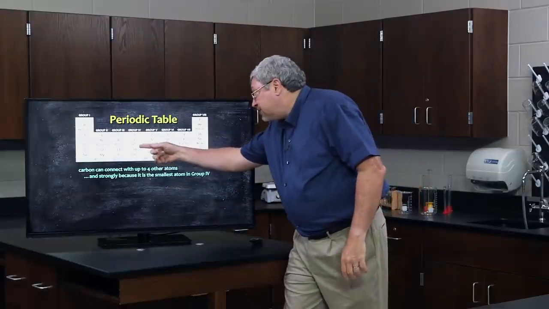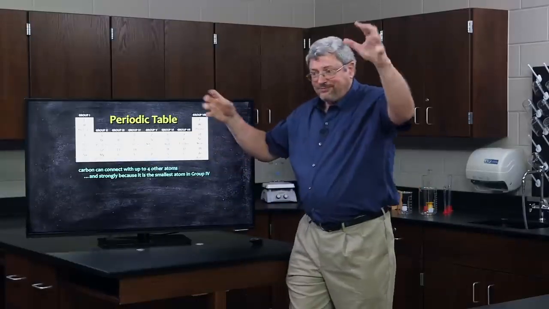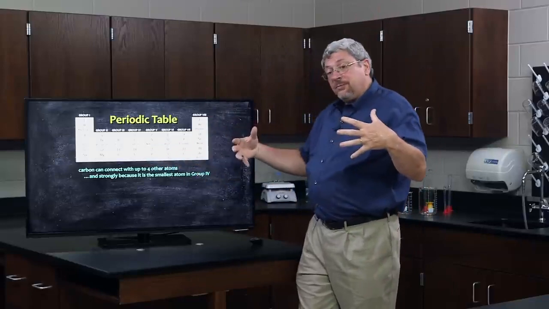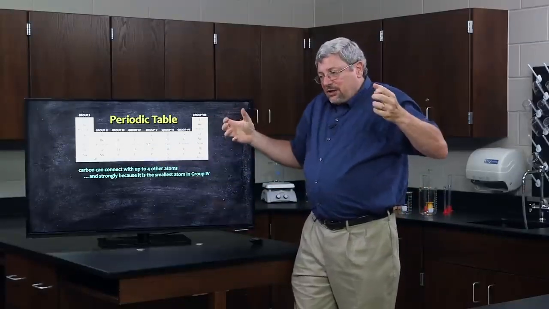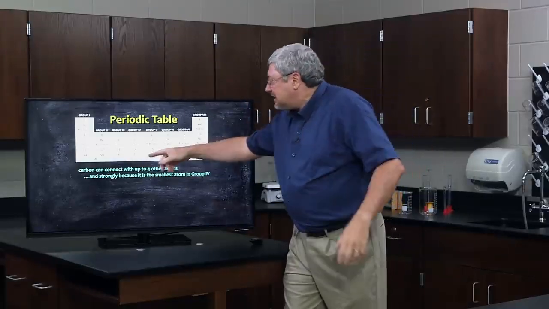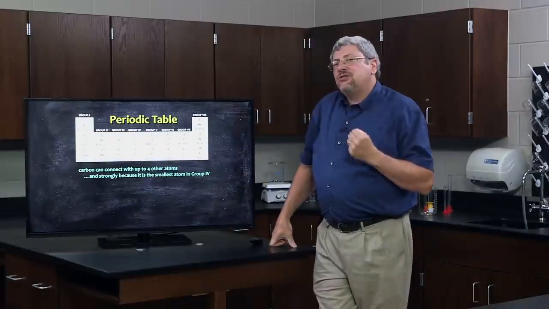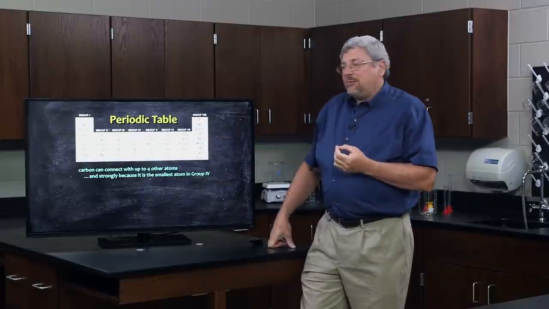Now, they could be built from something like silicon, which has the same number of possibilities. But silicon is a little bit bigger. The strength of its hands, its arms, its holds, isn't as great as the strength of carbon. So it doesn't produce molecules that are as strong as molecules produced on the basis of carbon.